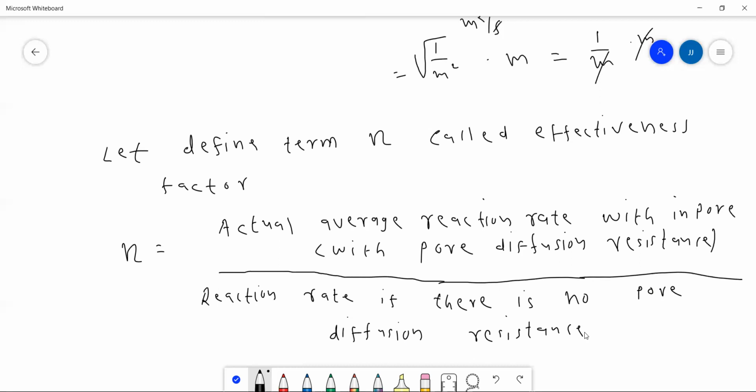So the value of eta depends upon how effective your catalysts are. Catalysts are effective means if the pore diffusion resistance is less, then we can say that the effectiveness factor is more.